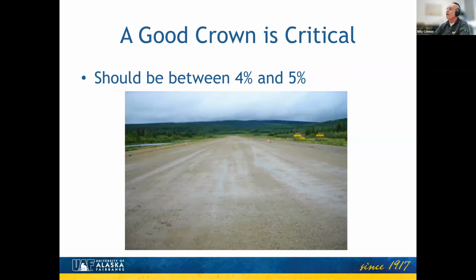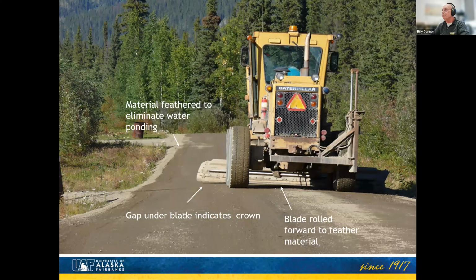And a good way to tell if you're getting that is if you look at a grader when it's grading. I know that some of you may have gone to some of the DOT grader training, and we're working also here at TTAP to provide you some grader training.